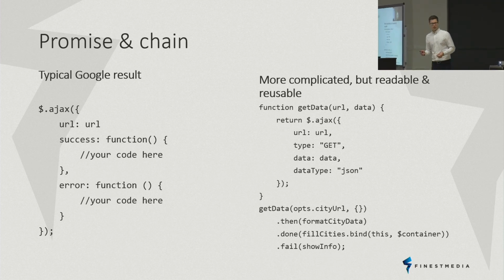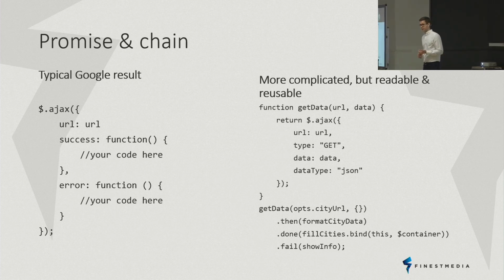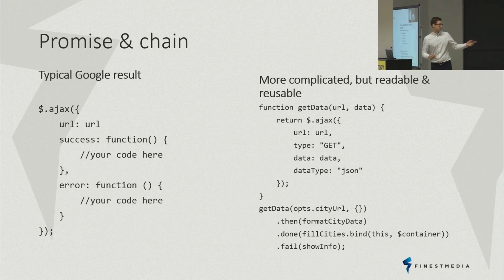If you want to pass something there, you can always use bind. If I want to pass the container, then there will always be a container with that solution. So fillCities' first argument is the container, and the next one is the data coming from formatCity.